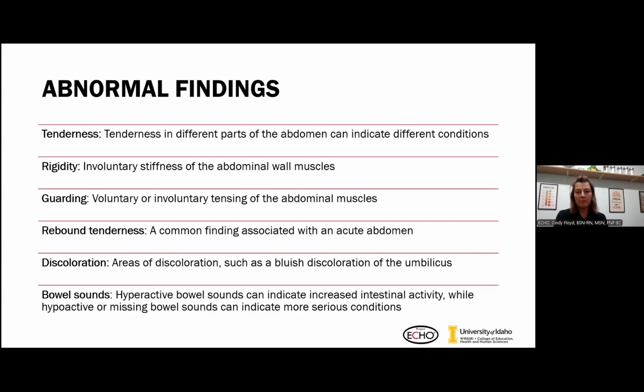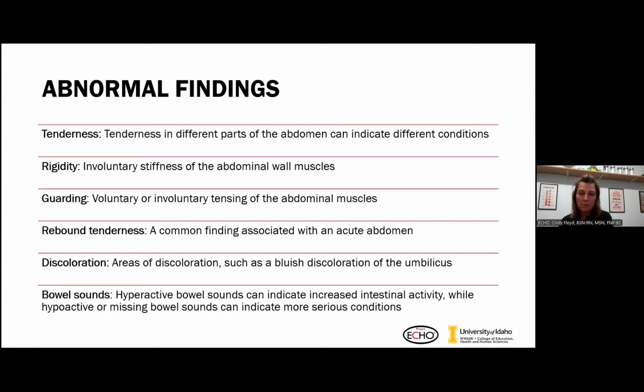So things that would be abnormal on our assessment, if we were doing palpation, light or deep, and we found tenderness, different parts of the abdomen, we know what quadrant it's in. Rigidity, so involuntary stiffness of the muscle in the wall, any guarding. So a student tenses up, doesn't want you to touch them. Rebound tenderness.